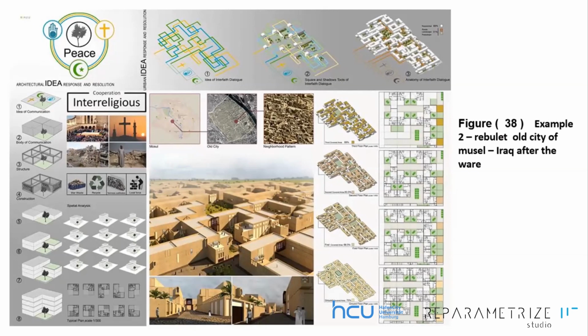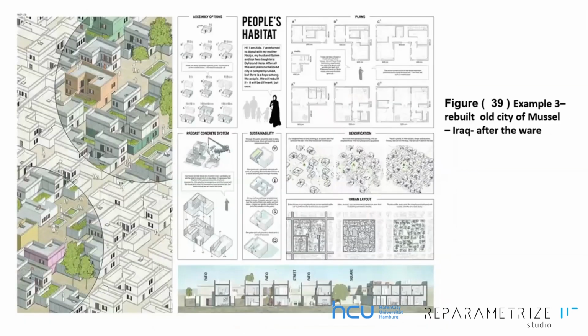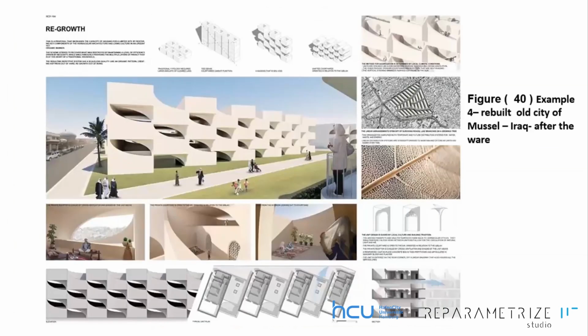Here you can also see the courtyard, the height of the building, the walls, and the construction elements, everything. And maybe we can think of a new way to rebuild some areas in the historic city like this.